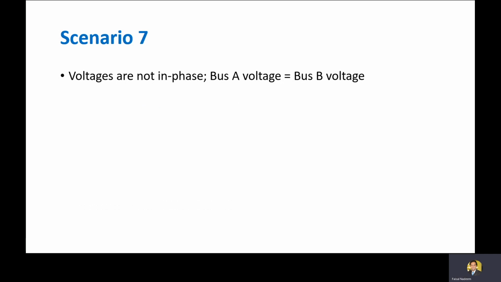Now, scenario number 7. Voltages are not in phase. Moreover, the bus A voltage is equal to bus B voltage. The magnitudes of voltages at the two buses are equal, and we know that if the magnitudes are equal, there is no voltage potential difference between the two buses, so there should not be any reactive power flow on the line.